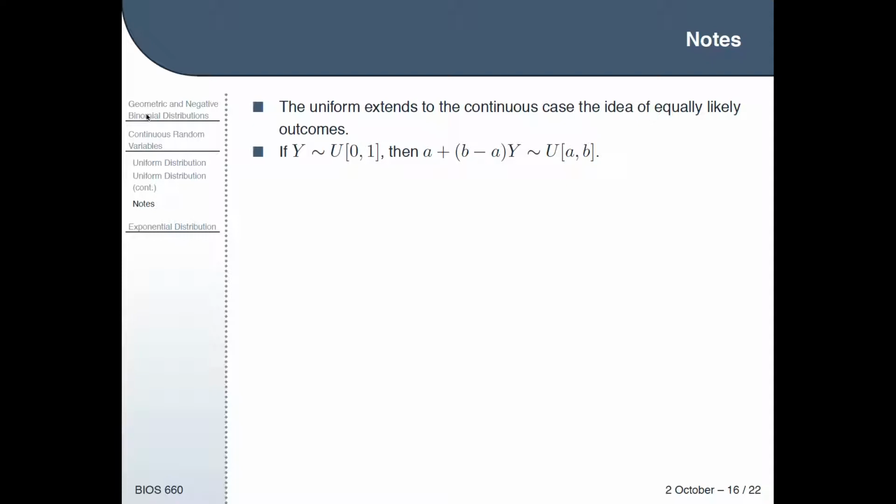This is useful mainly if you're doing computer programming and your random number generator will only generate random numbers between 0 and 1. You can do that transformation to create random numbers that are uniform on any interval that you want.